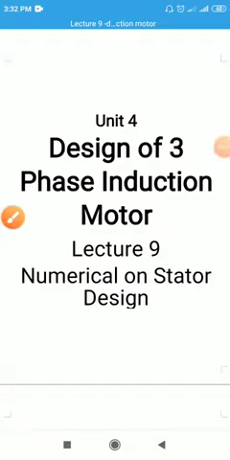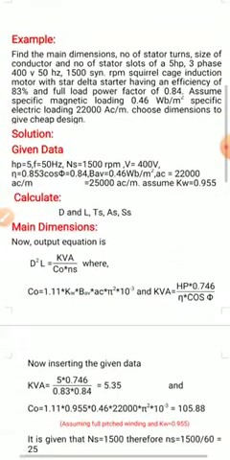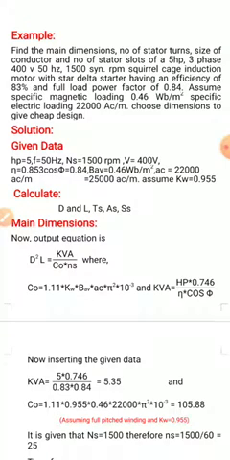Welcome friends. In this lecture we will solve one numerical on stator design, and the numerical is: find the main dimensions, number of stator turns, size of conductor and number of stator slots of a 5 HP, 3 phase, 400 volt, 50 Hz, 1500 synchronous RPM squirrel cage induction motor with star delta starter having an efficiency of 83% and full load power factor of 0.84.